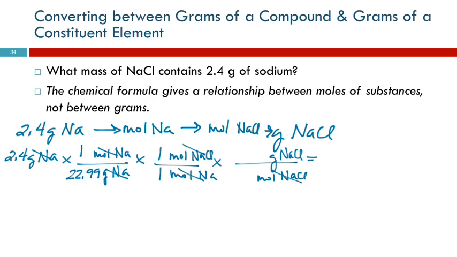And for this one, here we need the molar mass of the compound. And so we have to look at the formula. So here's NaCl. There's 1 sodium. 1 mole of sodium weighs 22.99 grams. And 1 mole of chlorine weighs 35.45 grams.